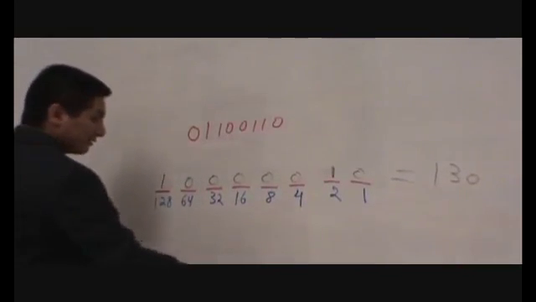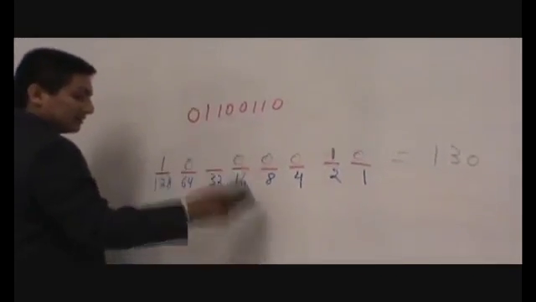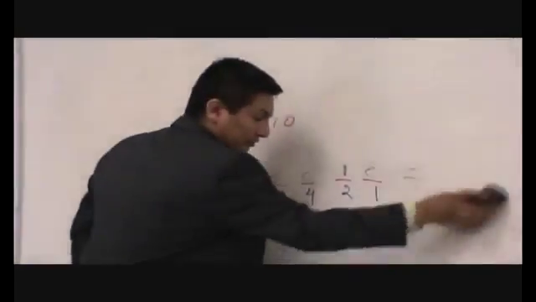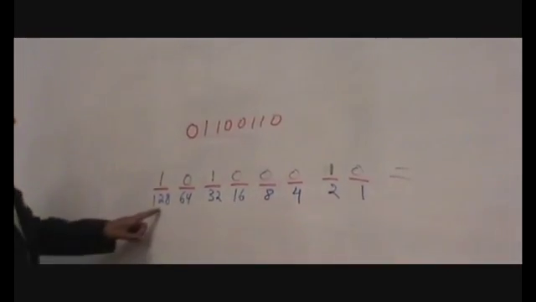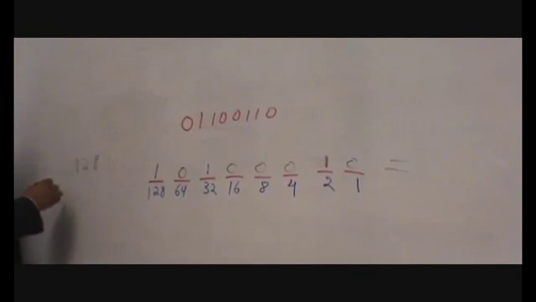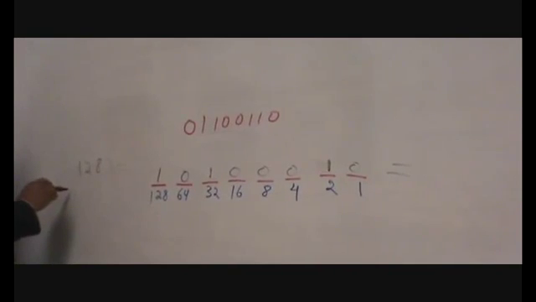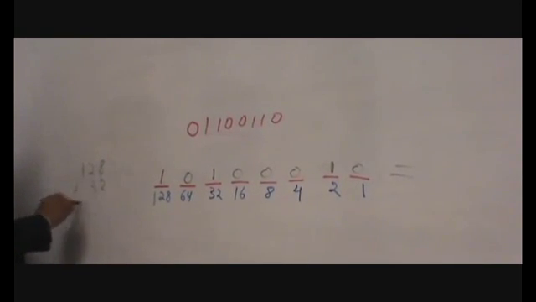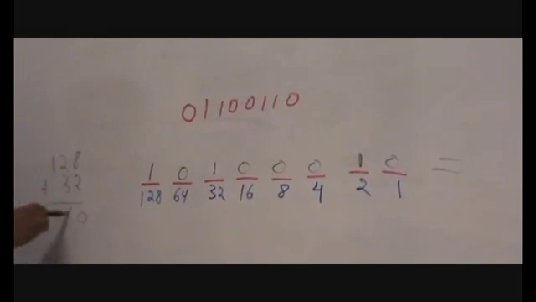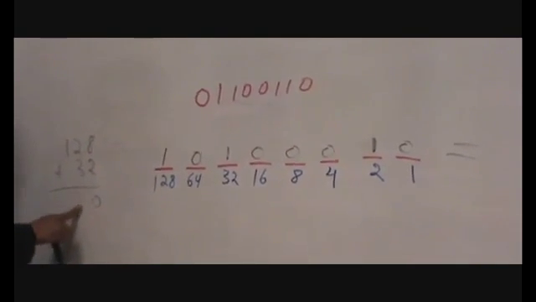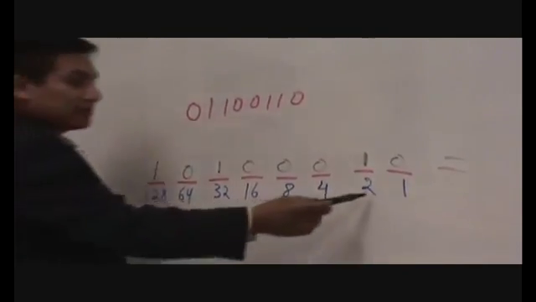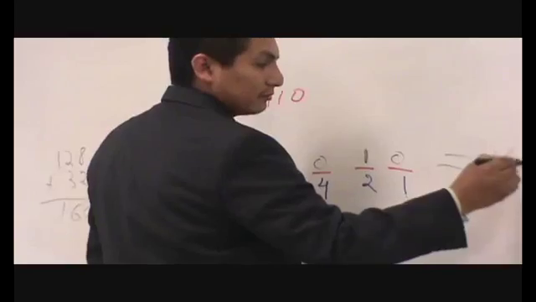And subsequently, if we change this binary value here to 1, now obviously our total is going to change, right? We're going to have 128 plus 32, and you can add this in this sense so that it's much easier. 128 plus 32 equals 160, plus 2 is 162.